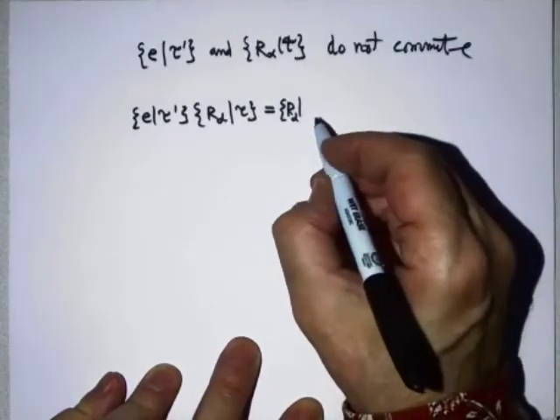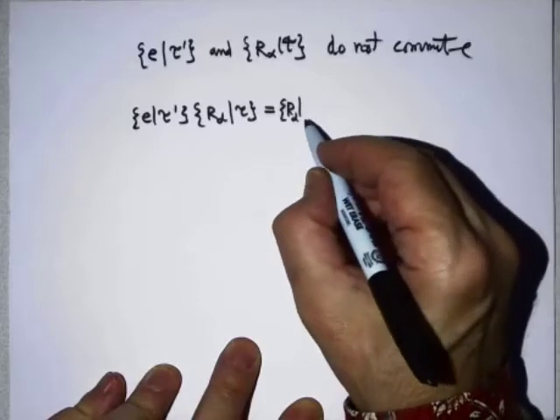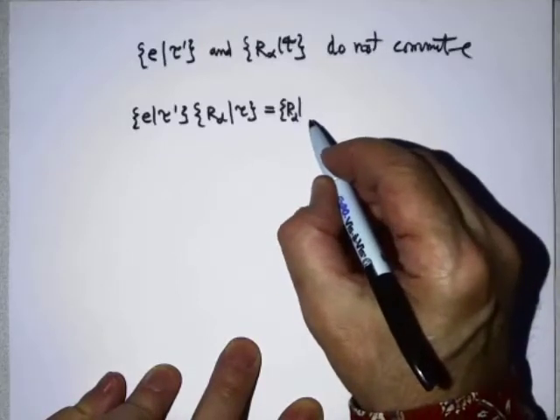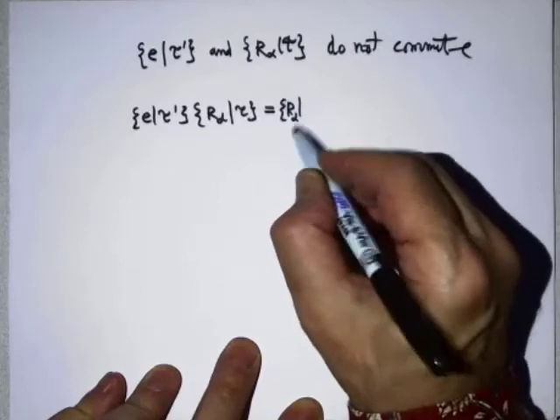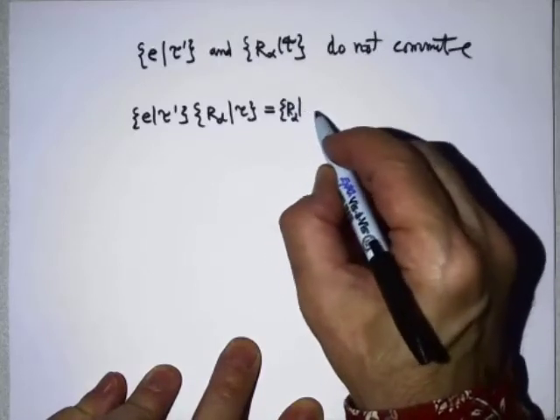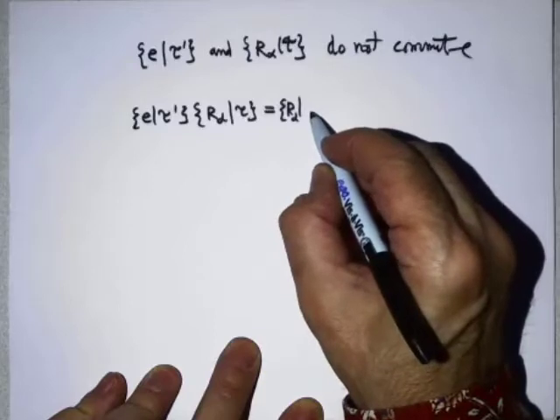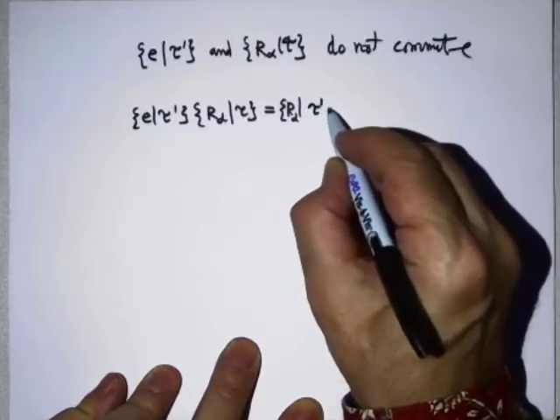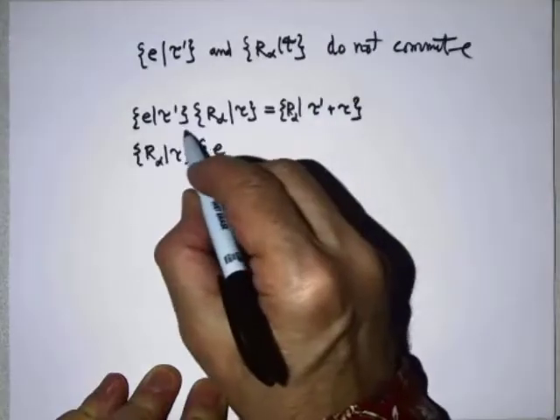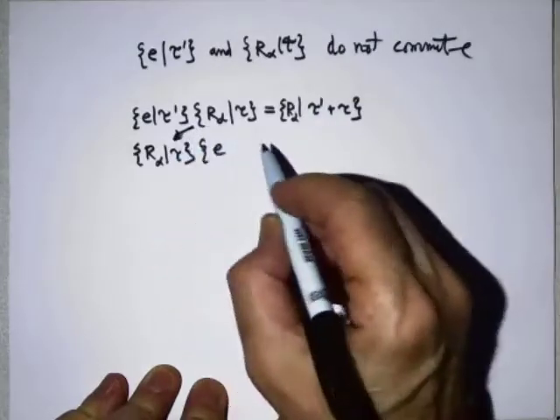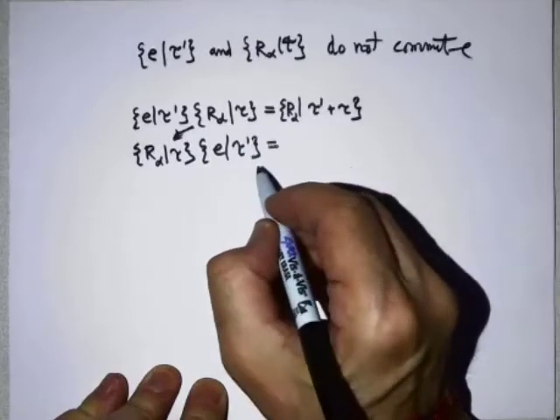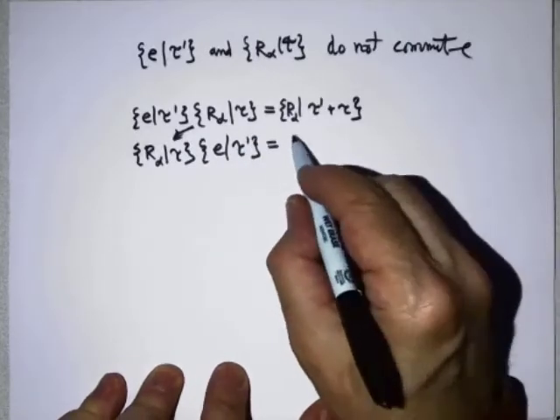Now do them in the other order. First translate by tau prime and then rotate. Rotation will be fine. There is no problem with that. First rotate and then you add the second translation.